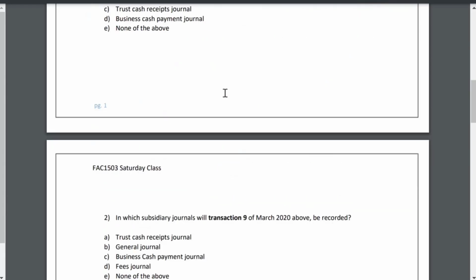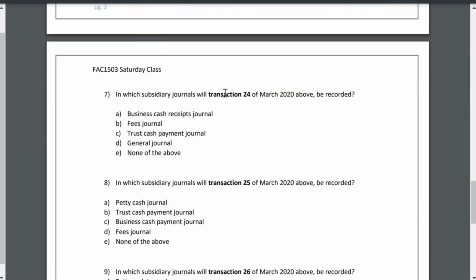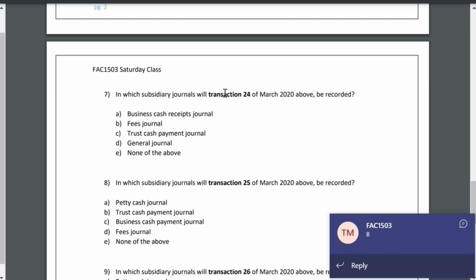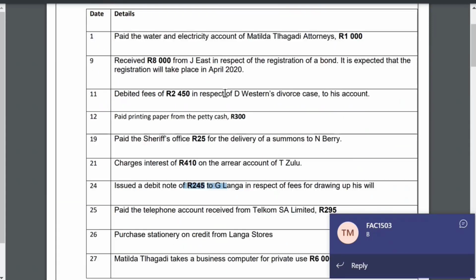Well done, guys, it will be B. Yes, Faith correct, Elisha correct, and Sepiso correct.